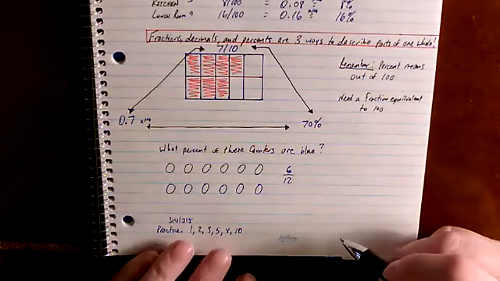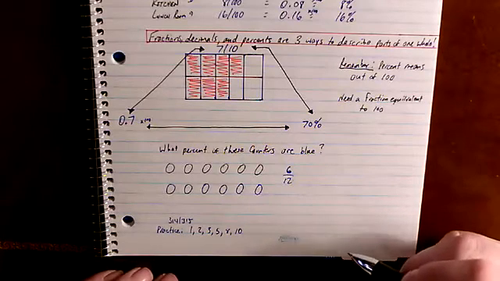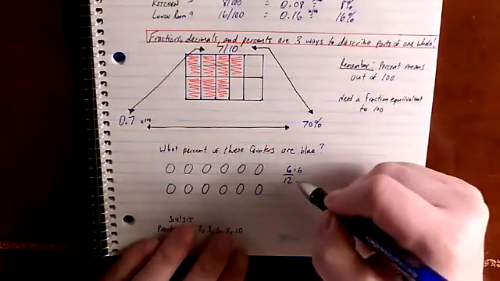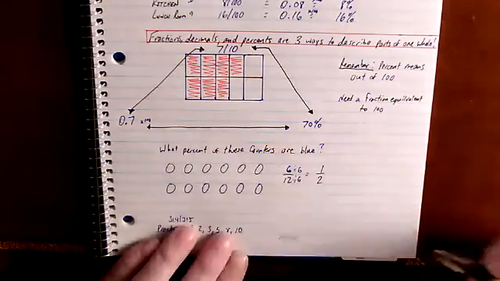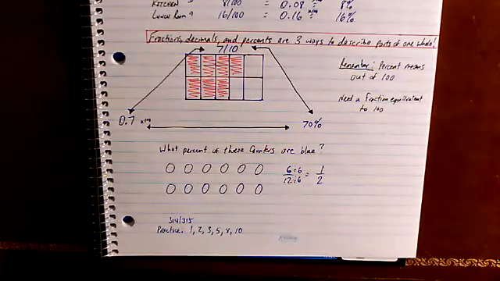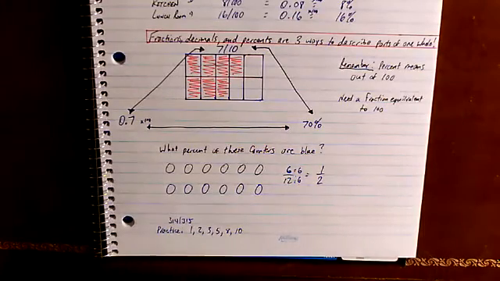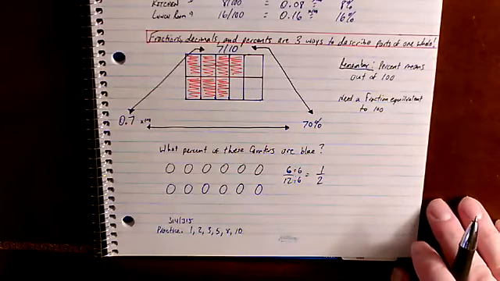So 2 would obviously work, okay, and it would end up giving me 3/6, right? But if I can divide each of these by 6, I'm going to end up with 1/2. Now, if I have half, what can I multiply 2 by to get to 100?